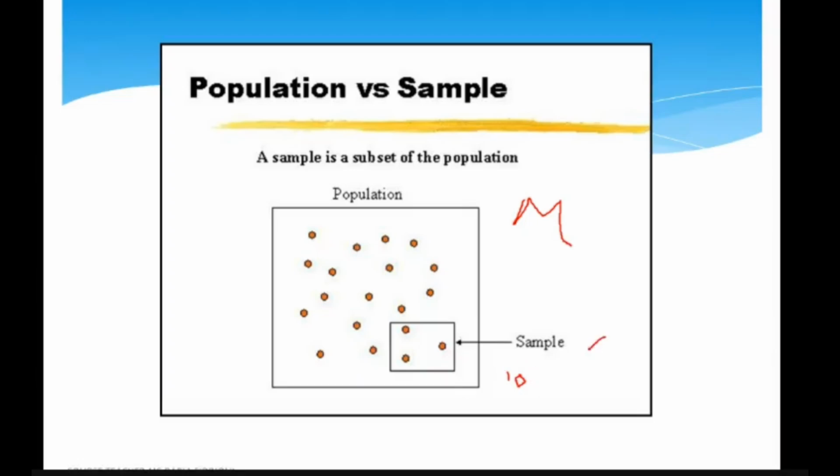Here you find the sample mean, which is represented by x bar. So it is a numerical value which is used to define a population, and this numerical value is called a parameter. And it is a numerical value which is used to define a sample, and this numerical value is called a statistic.